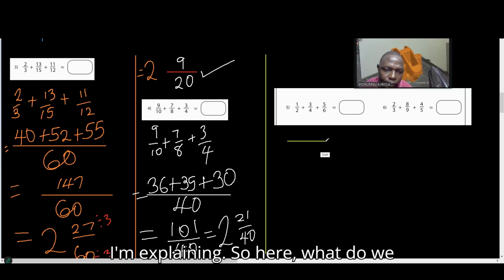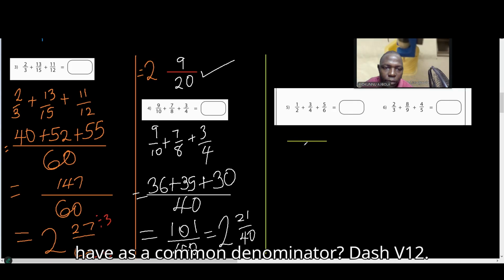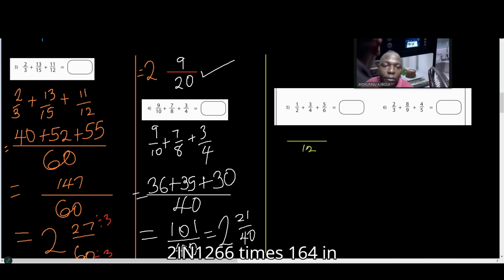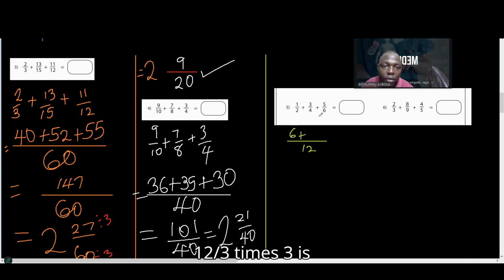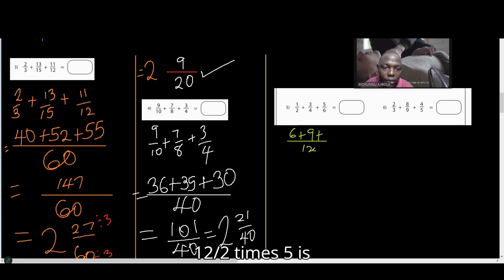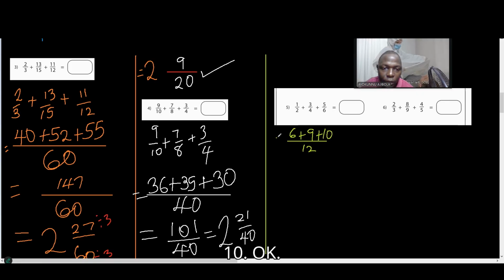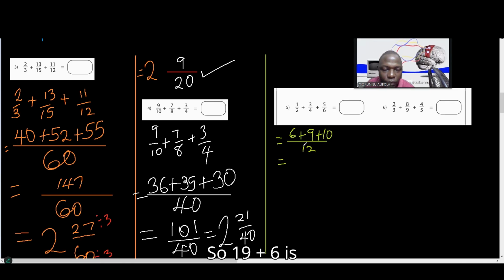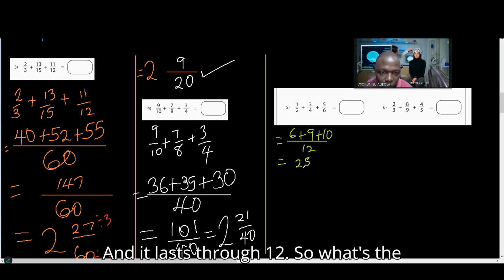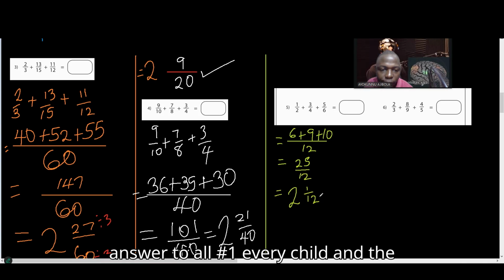So here, what do we have as a common denominator? That should be 12. 2 in 12, 6. 6 times 1, 6. 4 in 12, 3 times 3, that's 9. And 6 in 12, 2 times 5, that's 10. Okay? So 19 plus 6 is what? 25 over 12. So what's the answer? 2 and 1 over 12.